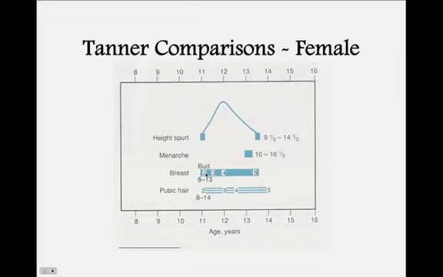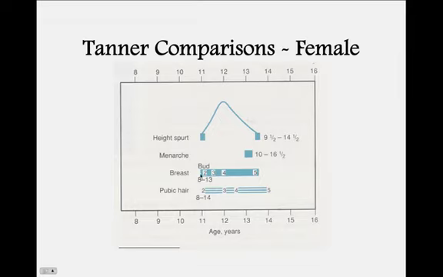So these are the Tanner stages, and so you see stage 2, 3, 4, and 5. This usually occurs between about 8 and 13. And then pubic hair developing along that sort of same range, a little bit behind the breast growth, between about 8 and 14.